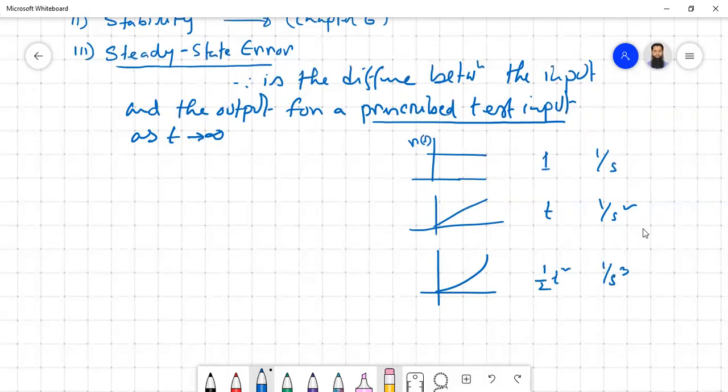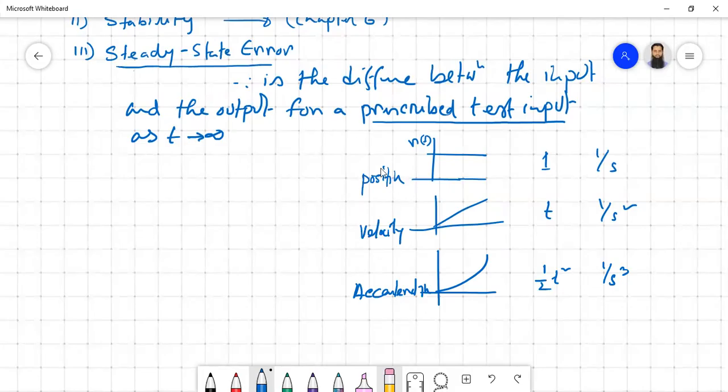As I already said in chapter 1, these represent position, velocity, and acceleration. Sometimes the unit impulse is also used as a prescribed test input.